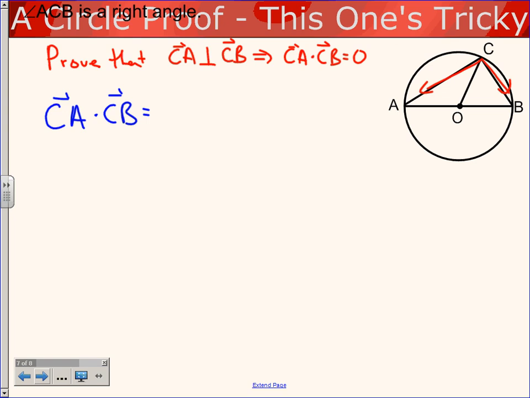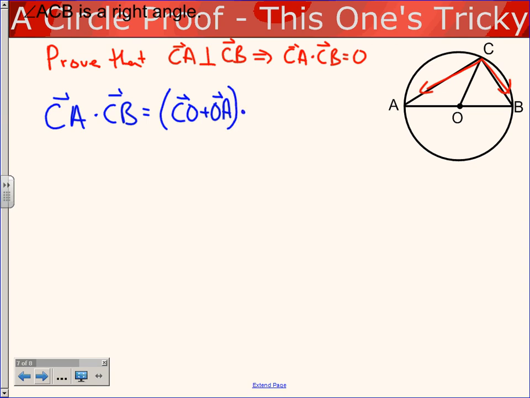So we need to muddle through a little bit with some vector stuff, with the hope that eventually we get a 0 here. We can start it the same way we've done proofs in the past. I'm allowed to replace CA and CB with sums of other vectors. So I'm going to change vector CA into CO plus OA.